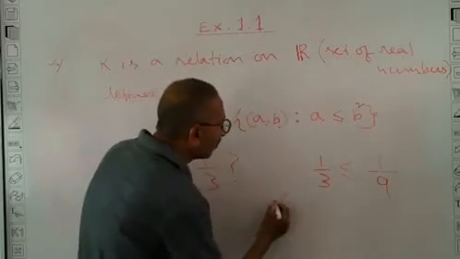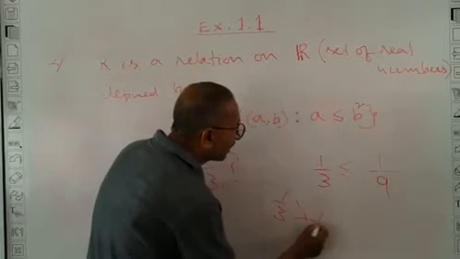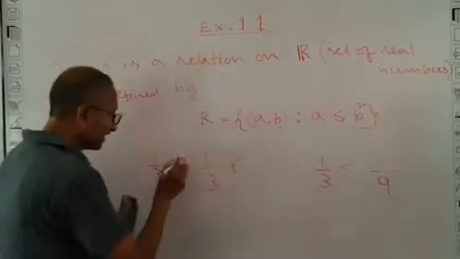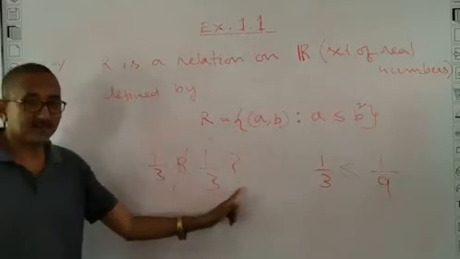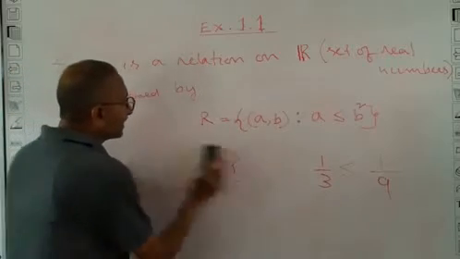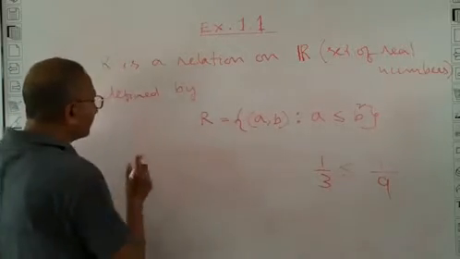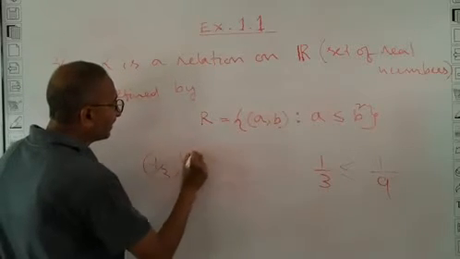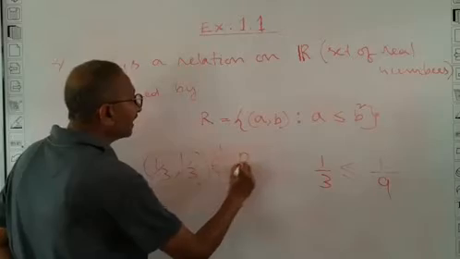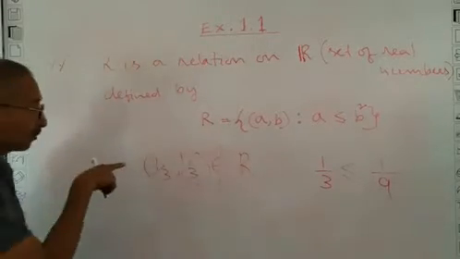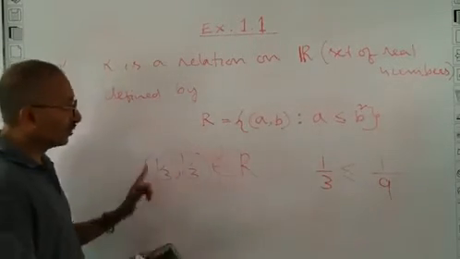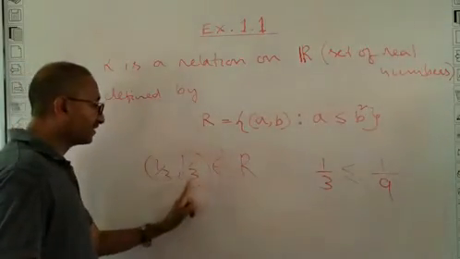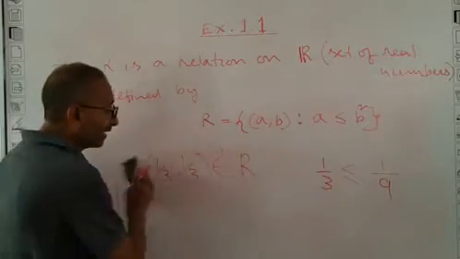It is not true. That means 1 by 3 is not related to 1 by 3. We can tell now this is not reflexive because 1 by 3 is not related to itself. You can take 1 by 2 also. So in this example we will write: this is not reflexive because 1 by 3 and 1 by 3 doesn't belong to R. That much is enough.